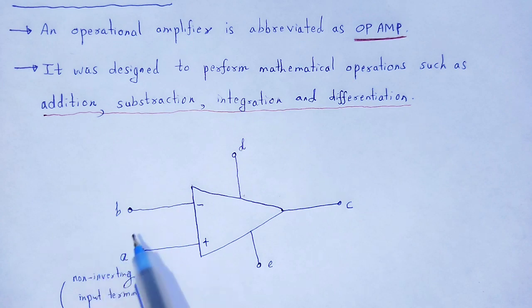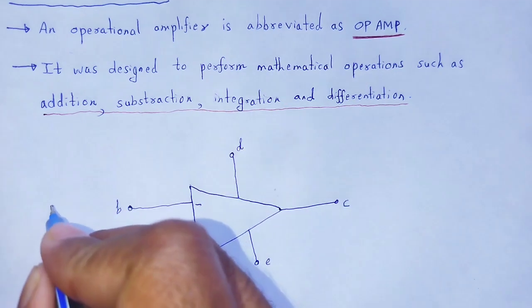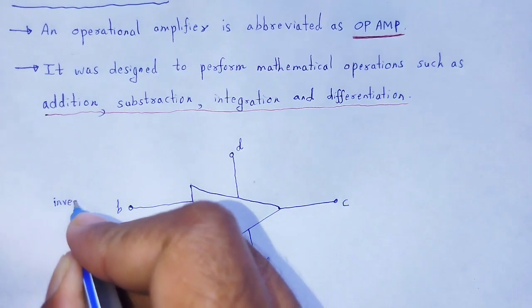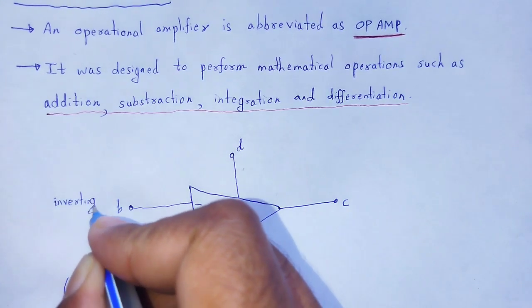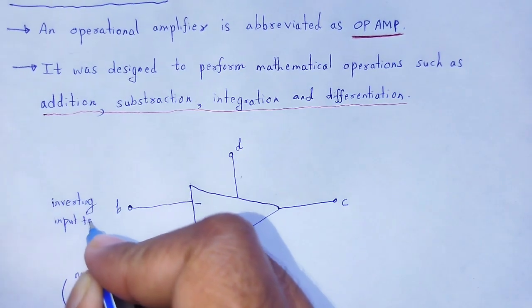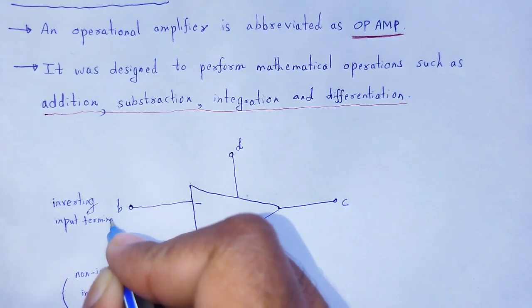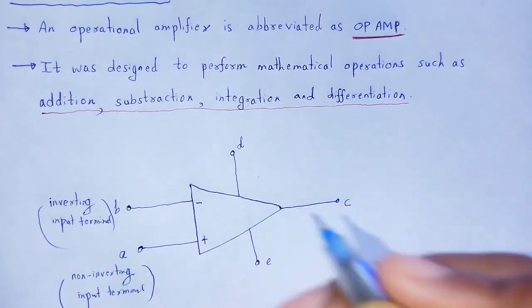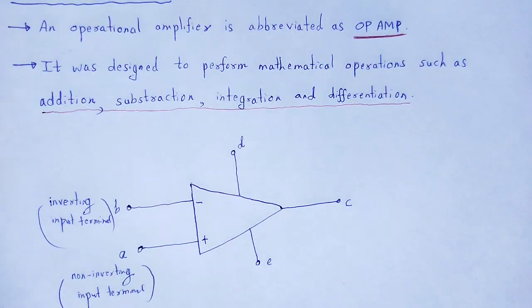Similarly, terminal B is called the inverting input terminal.